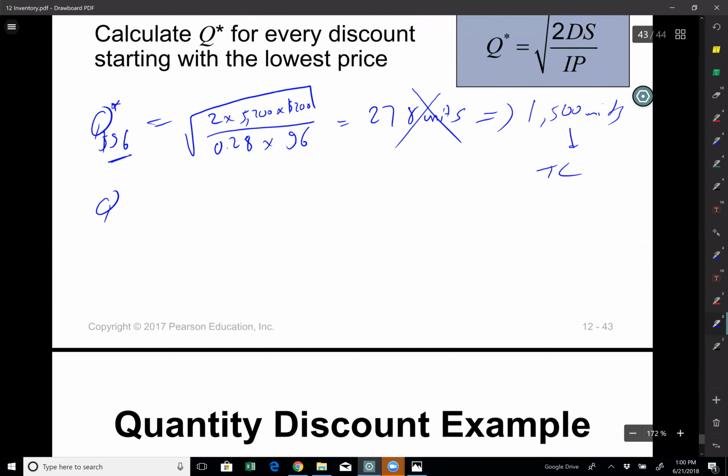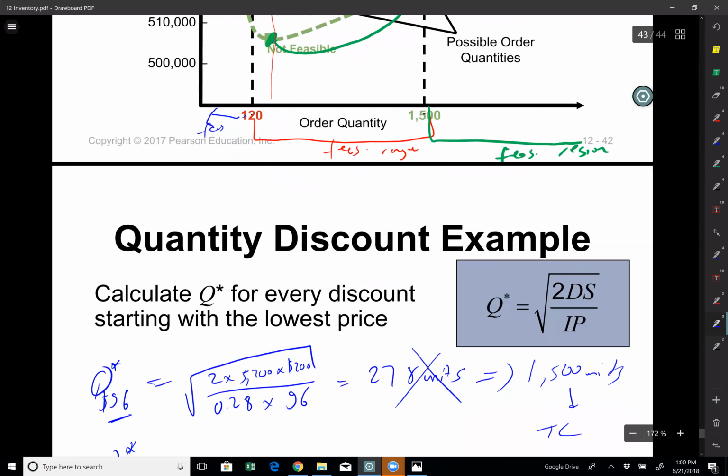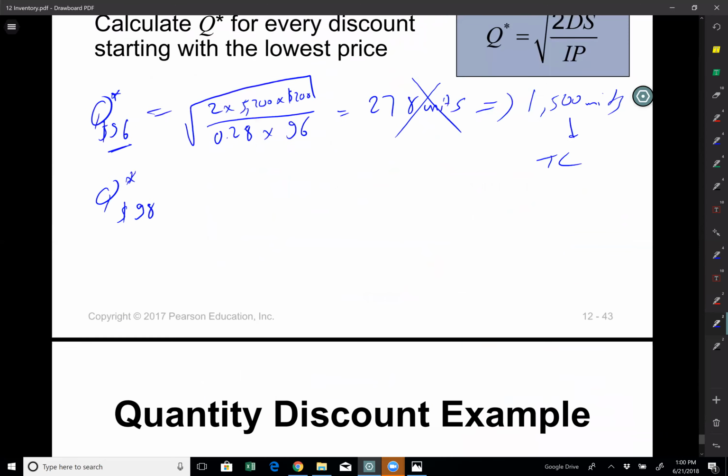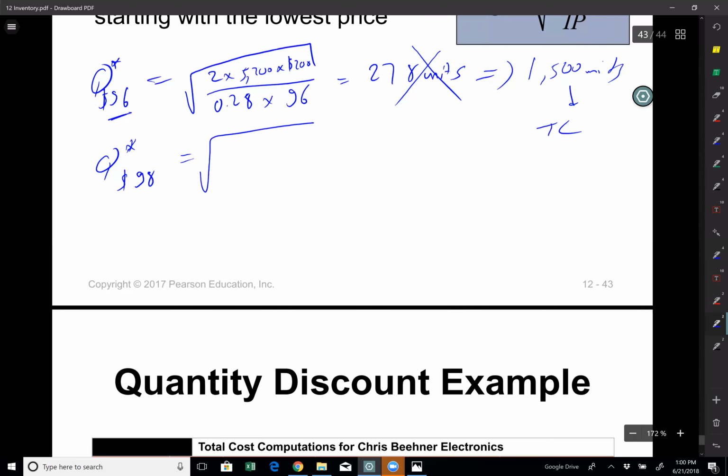If I do the same calculation for the $98 price range, where the feasible region is 120 to 1,499, let's see whether we will get a feasible solution. 2 times D, which is 5,200, times S, which is again $200, divided by my holding cost rate, which is 28%, times $98.